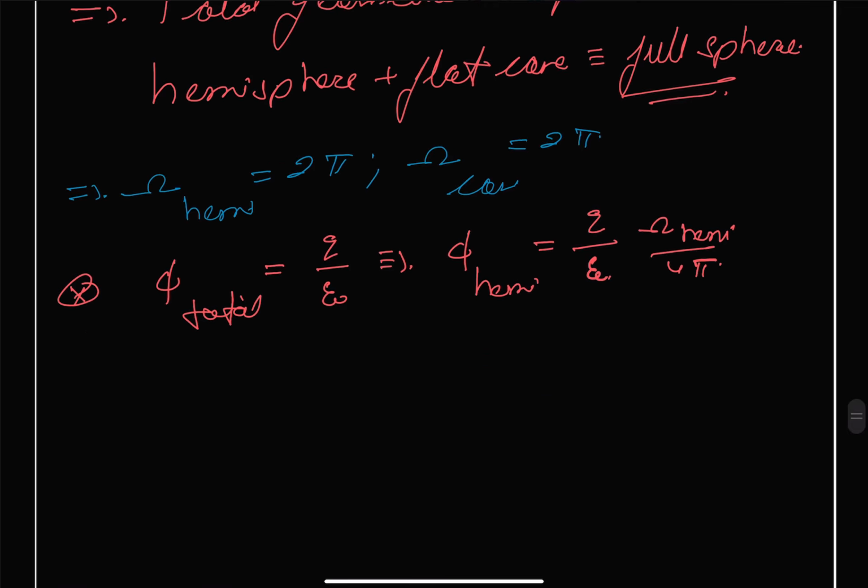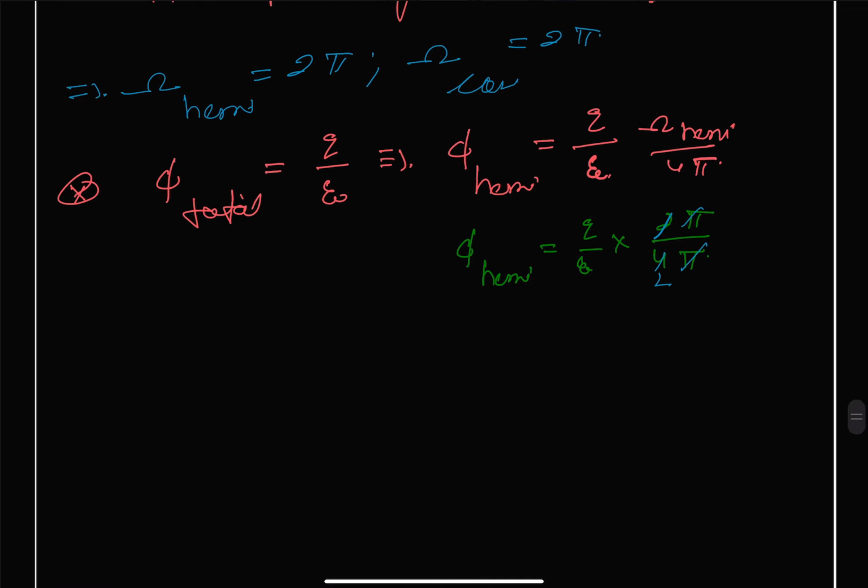We substitute the value: flux for hemisphere is equal to Q upon epsilon naught times 2 pi divided by 4 pi. Pi cancels, and 4 goes by 2, so the flux through the hemisphere will be equal to Q upon 2 epsilon naught.